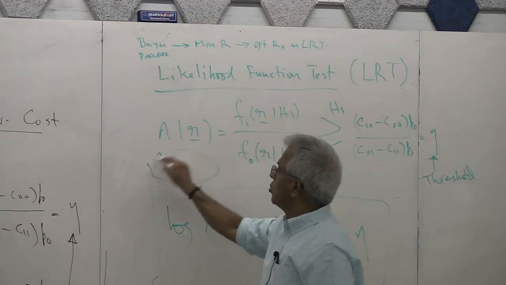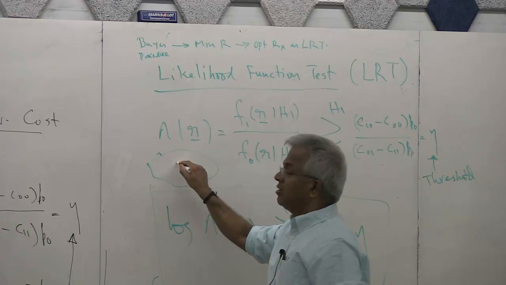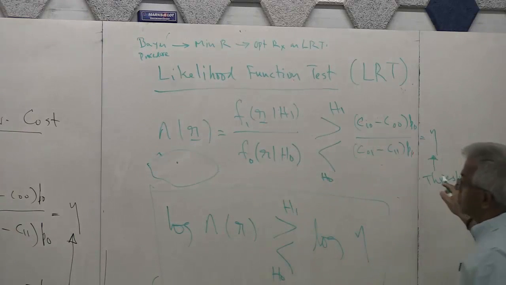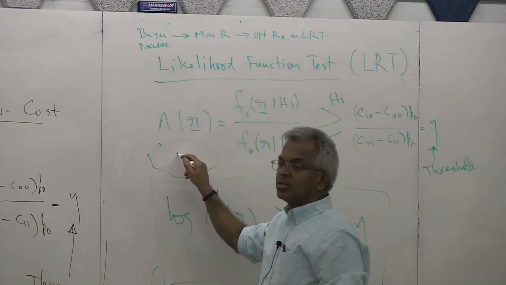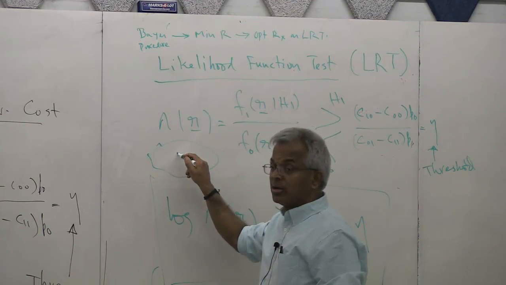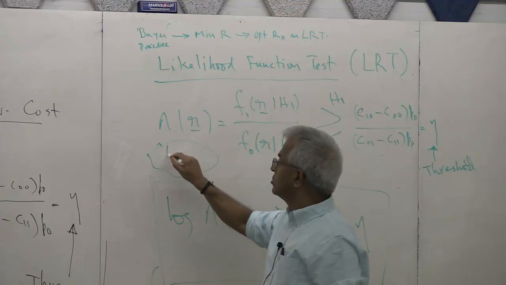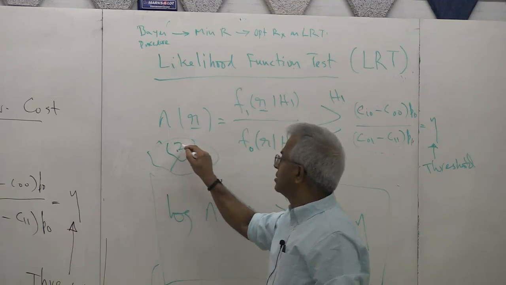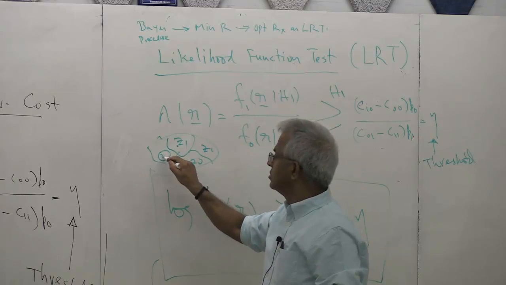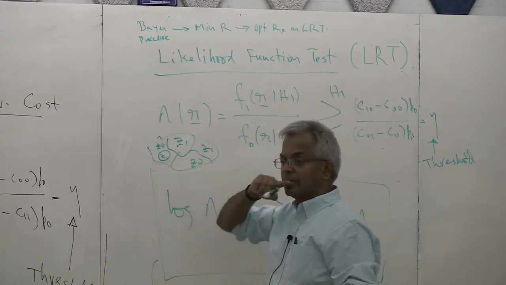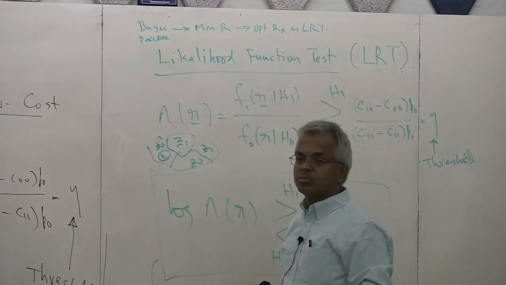If this quantity exceeds the threshold, then you say this point belongs to Z1. Similarly, you go through all this, so at the end you will be able to do a partition saying this is Z1, this is Z0, this is Z1, the rest is Z0, and so on. You have to go through this at least conceptually.